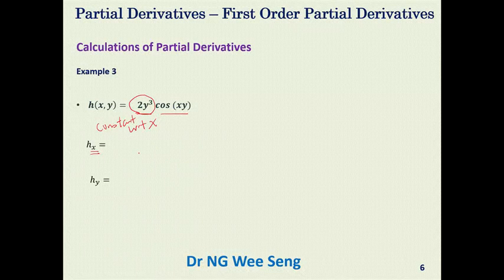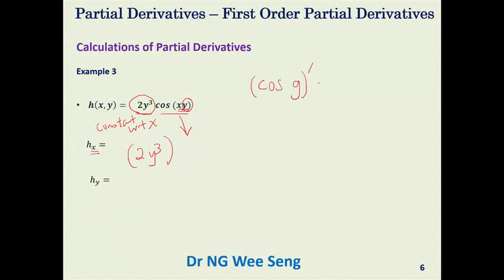So in this case, the differentiation of h is simply 2y cubed multiplied by the derivative of cosine xy. But cosine xy with respect to x makes y a constant.